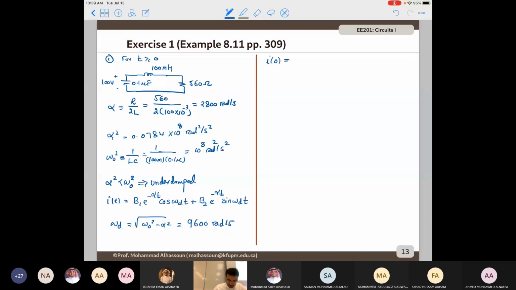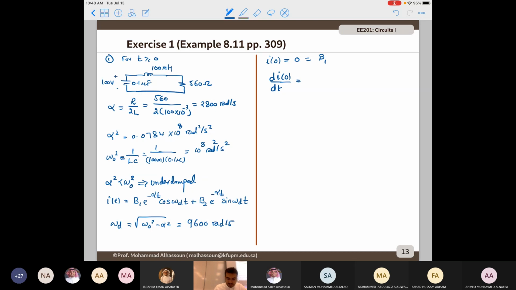And remember, if you substitute, this one should be equal to B1. So B1 is 0. Now, in order to find B2, we need to differentiate the current and evaluate it at 0.